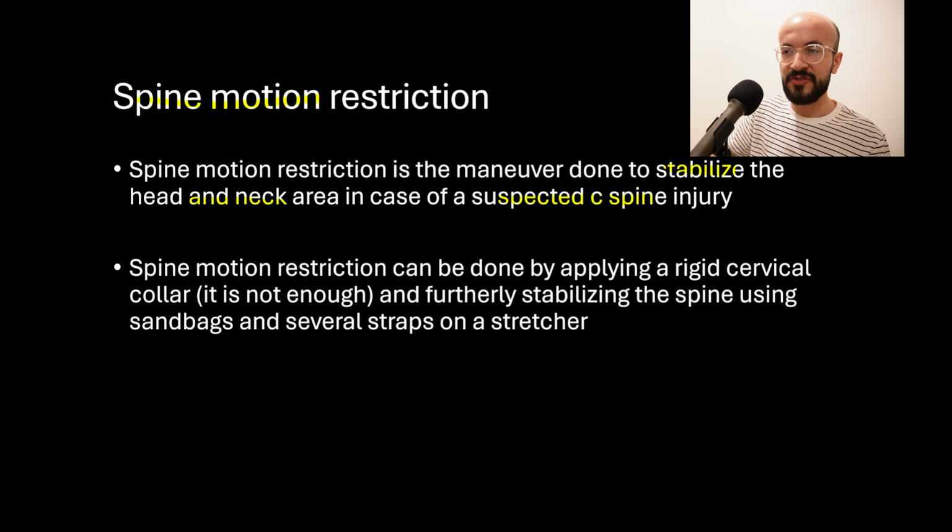It can be done by applying a rigid cervical collar, which is not enough because the spine has to be further stabilized by using sandbags and several straps on a stretcher to prevent the head from moving. So both the rigid cervical collar and the straps and the sandbags on a stretcher are applied to prevent the head from moving.